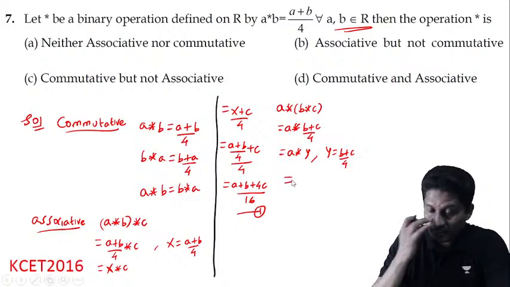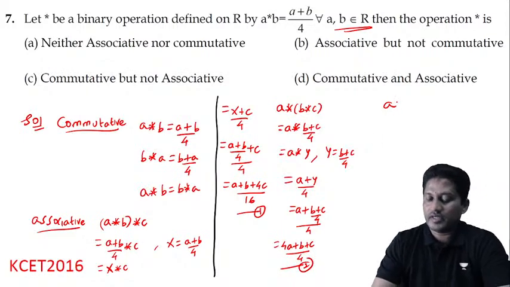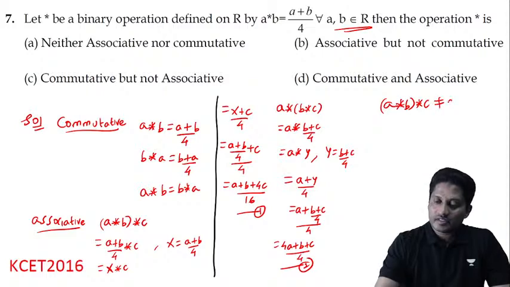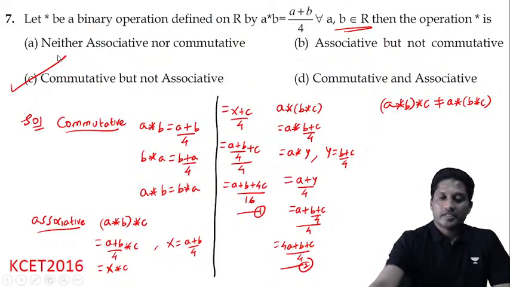So A star Y is (A plus Y) by 4, which is (A plus (B plus C) by 4) by 4, equal to (4A plus B plus C) divided by 16. Call this equation 2. Obviously, it's not equal. I should write (A star B) star C not equal to A star (B star C). Commutative but not associative. Right, answer is option C. Let's move to the next question.